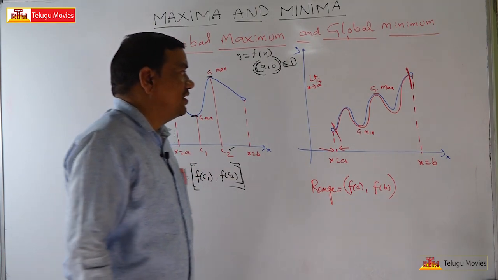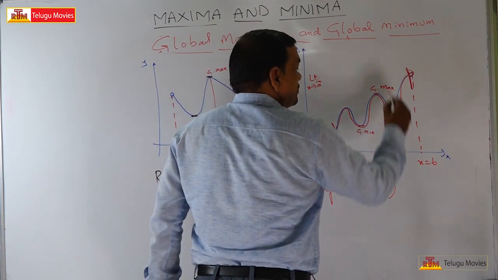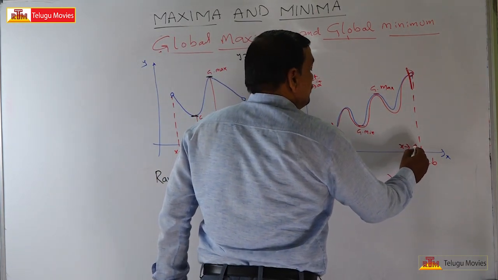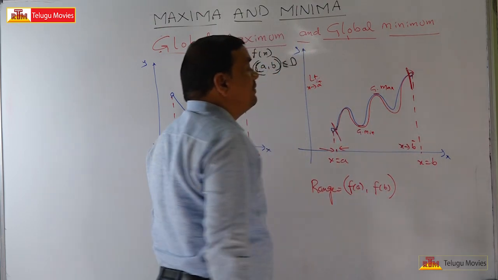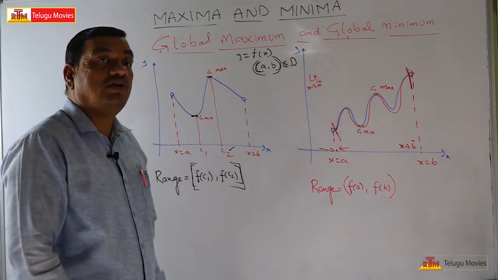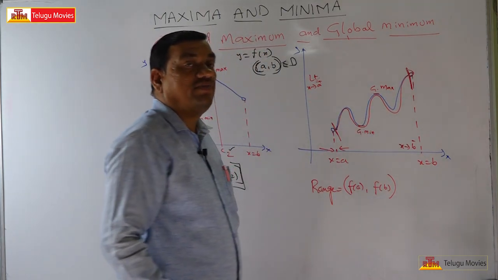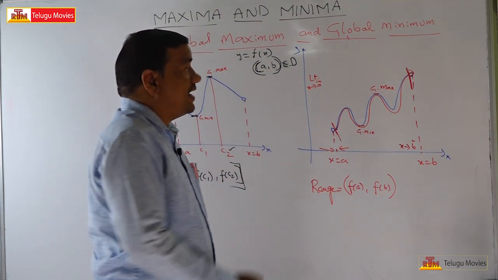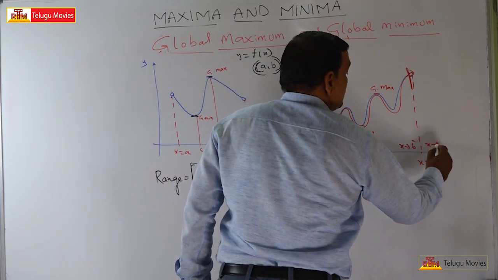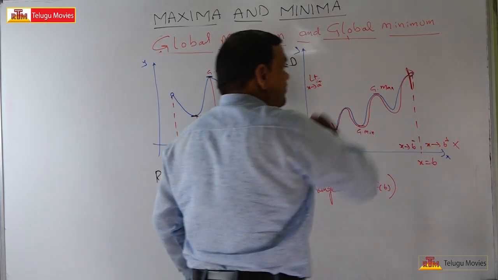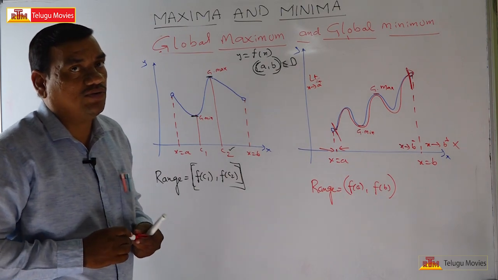Right. Here also, x tends to b minus will be defined. Why? Because the function from the left side of b will be defined, but x tends to b plus is not defined, which we are unable to calculate.